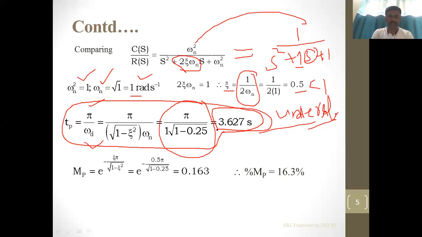Your calculator needs to be in radians mode. Now are you getting the result as 3.627? Yes, sir. Okay. How about others?